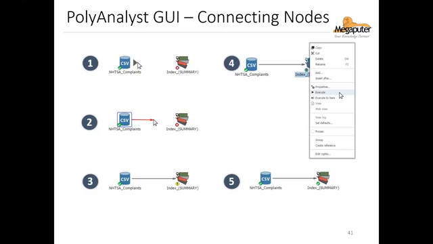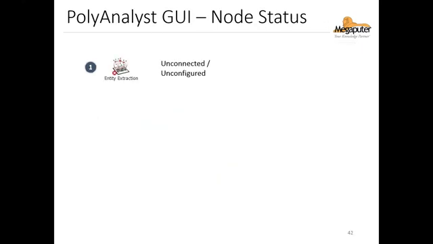That's what we're talking about here. Each of these node icons has a little symbol in the bottom left, and that symbol denotes the status of the node. This first one, a small red circle with an X, means that the node is either unconnected or not configured.